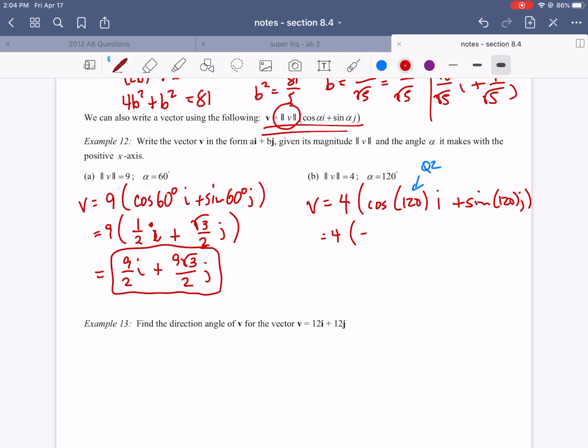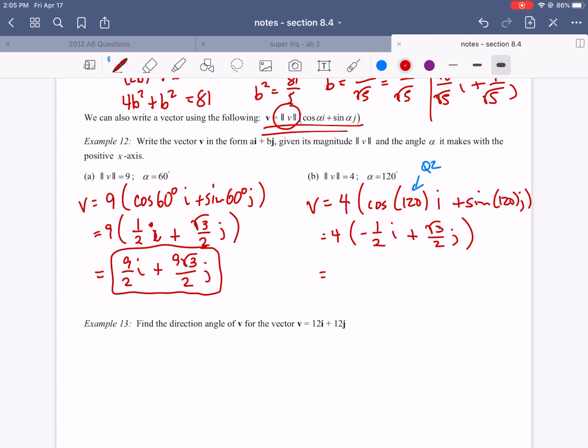The reference angle compared to 180 degrees is going to be 60 degrees, and cosine of 60 degrees is 1/2. So cosine of 120 will be negative 1/2. Sine of 120 is going to be positive because sine is positive in quadrant 2. Again, the reference angle is 60, and sine of 60 is the square root of 3 over 2 multiplied by j.